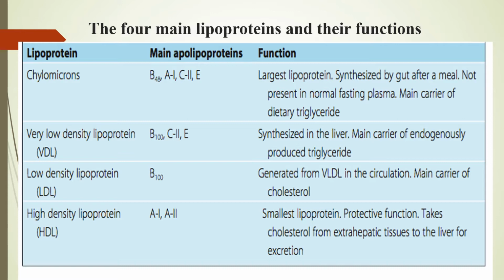Disturbances in the levels of low dense lipoproteins result in disturbed metabolism and atherosclerosis. The high dense lipoproteins, or HDL, which are synthesized in the liver and serve to deliver cholesterol from tissues to the liver.